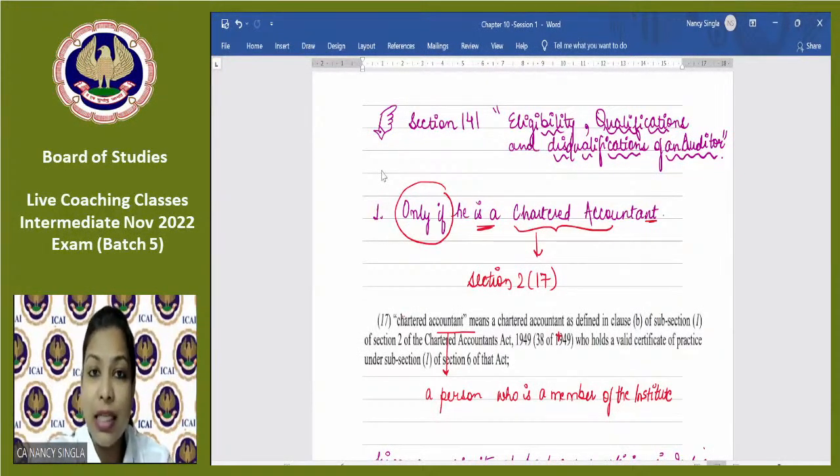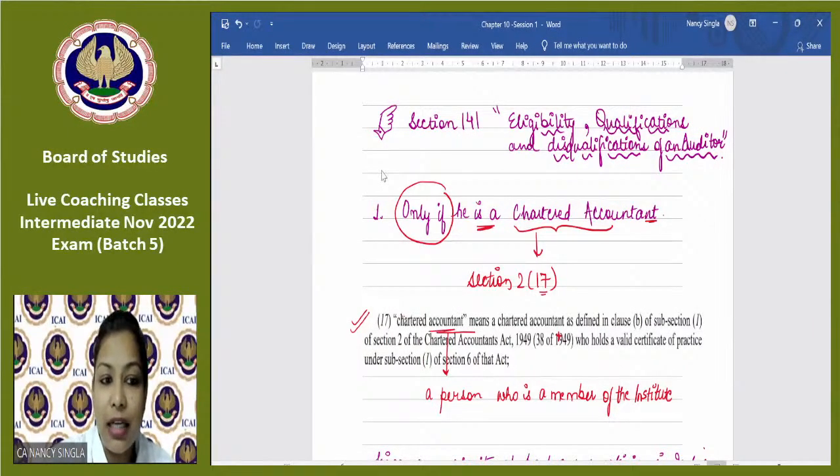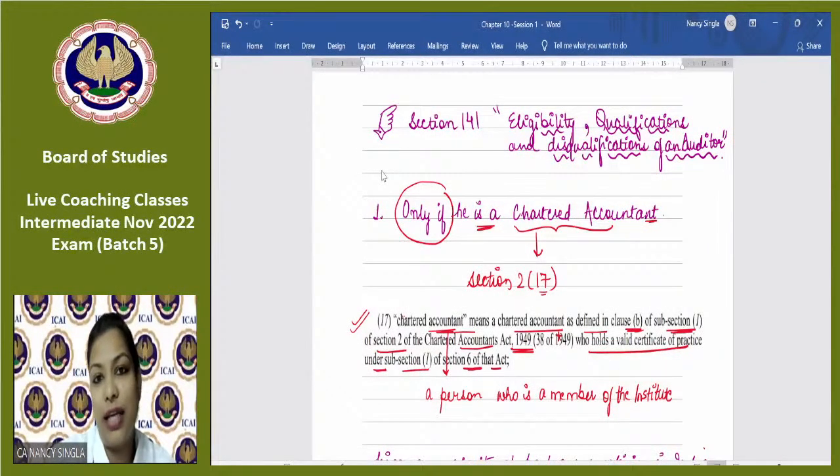Now, students, the term chartered accountant has been defined in section 2 of the Companies Act, and the relevant clause is clause 17. Section 2, clause 17 of the Companies Act defines chartered accountant as a chartered accountant as defined in clause (b) of subsection 1 of section 2 of the Chartered Accountants Act 1949, who holds a valid certificate of practice under subsection 1 of section 6 of that Act.